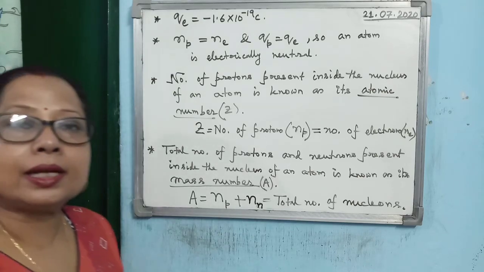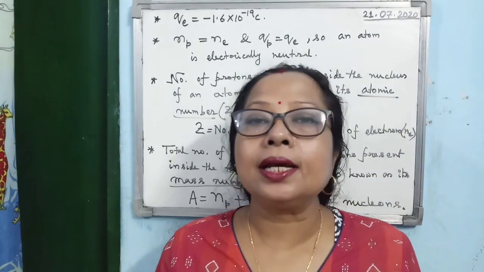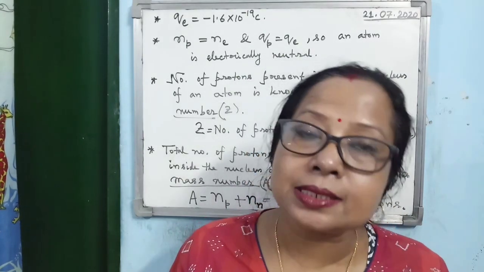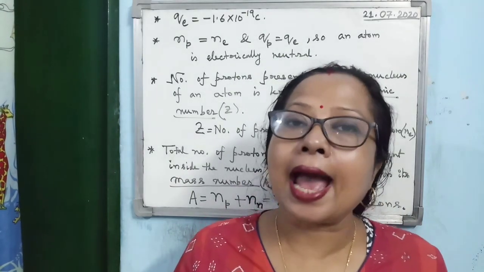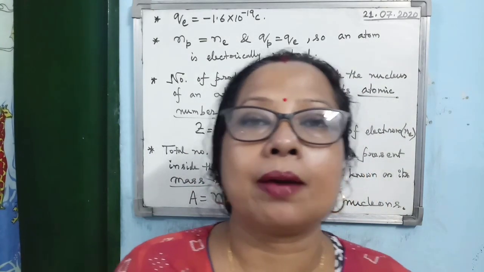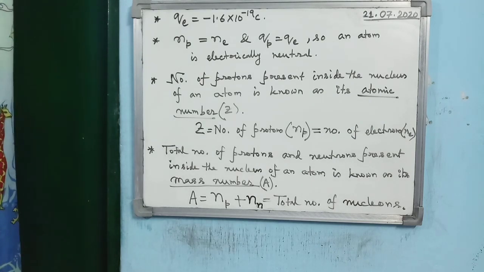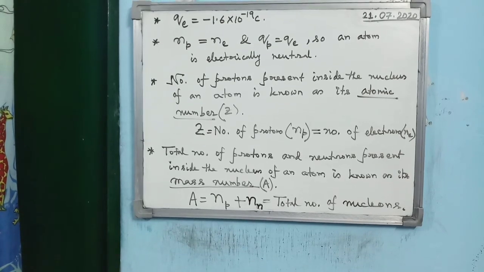Alright. So what concepts have you got? What is the structure of an atom? What are the fundamental particles present inside the atom? And what are the atomic number and mass number of an atom? Atomic number is denoted by Z, whereas mass number is denoted by the letter A. Both are capital.